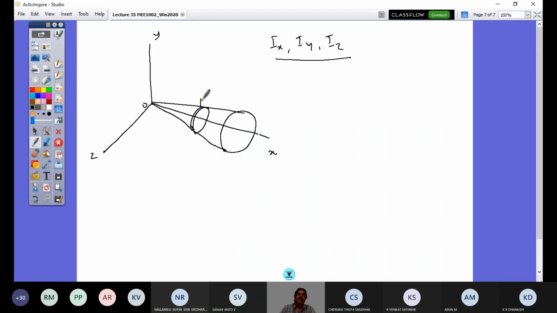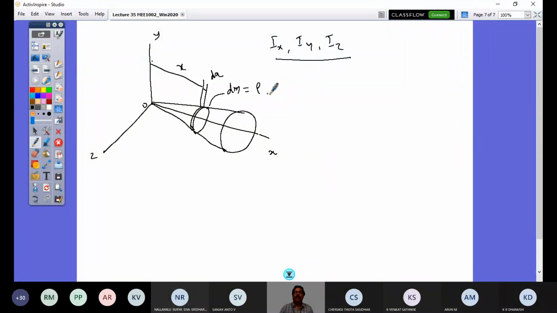The circular disk is considered at a distance x from the YZ plane, with a thickness dx. This is my elemental mass. So what is dm here? How do I get dm? dm will be this area into this thickness into rho.